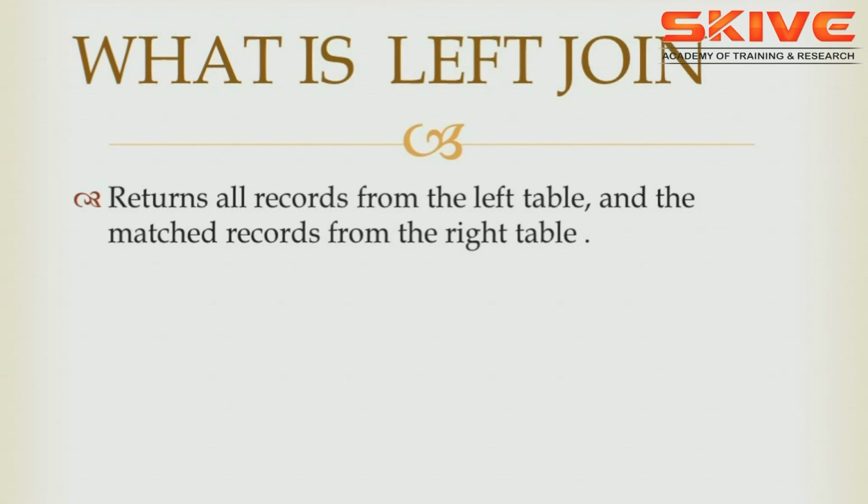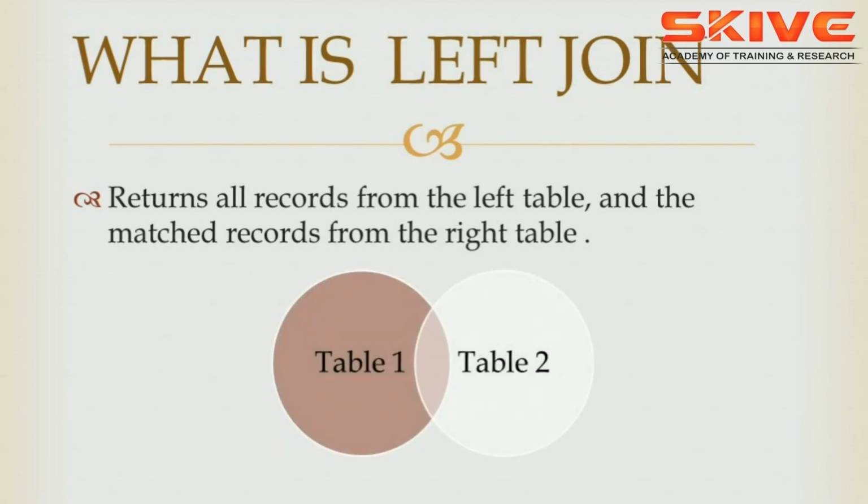A left join returns all records from the left table and the matching records from the right table. Let me show the graphical diagram of how it happens. Here I am creating a diagram. Table 1 is the left side table, table 2 is the right side table.